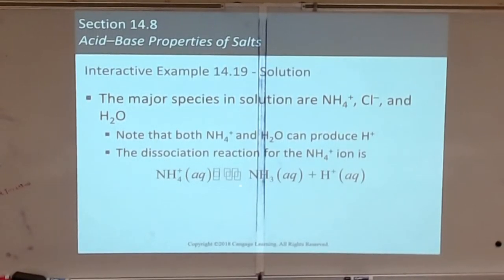The ammonium ion dissociates into ammonia and hydrogen ion. Oh, yeah, there's your Ka. Good?